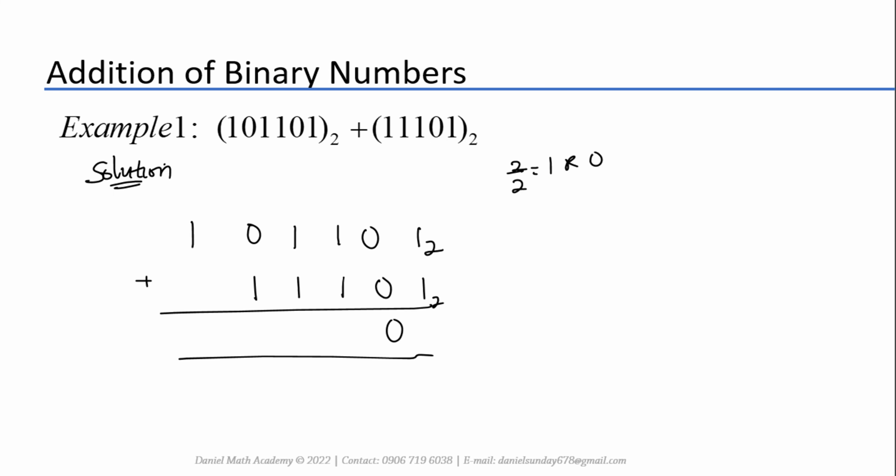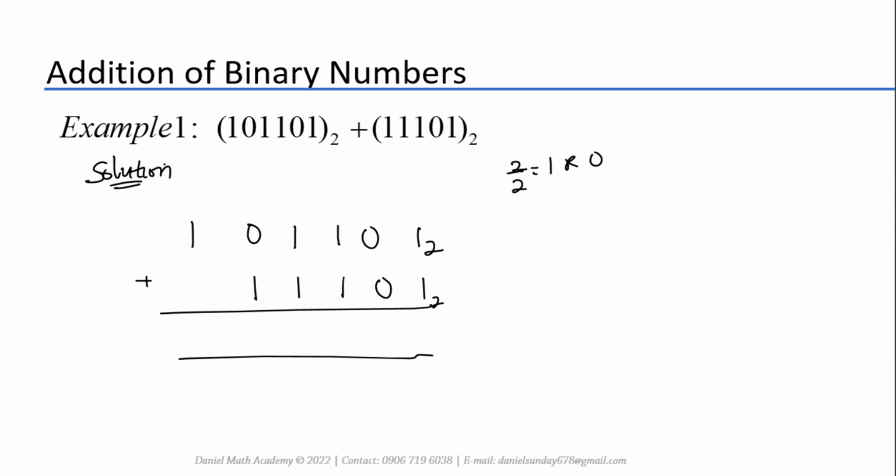I'm carrying this. So take note, this is what I'm carrying. Take note that I'm carrying this one over. All right, so this is a carry. So I'm carrying this one over here. So please take note, this is supposed to be written here.